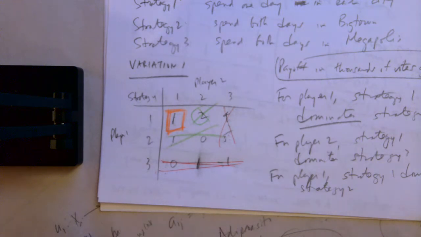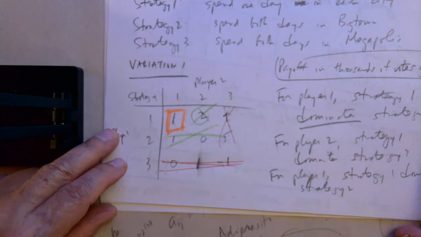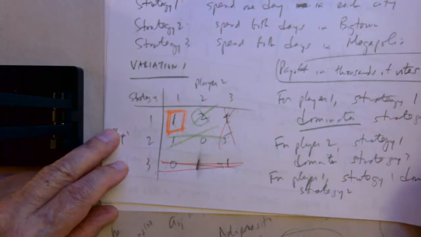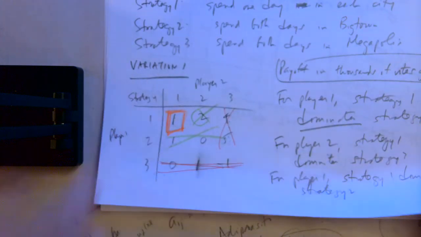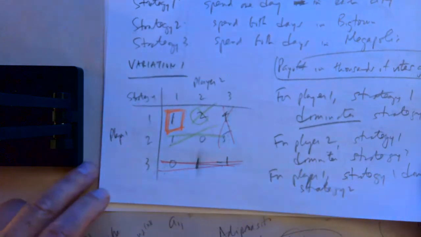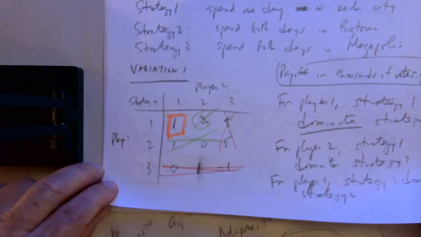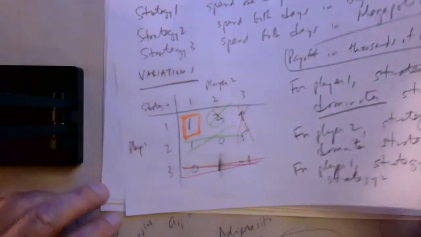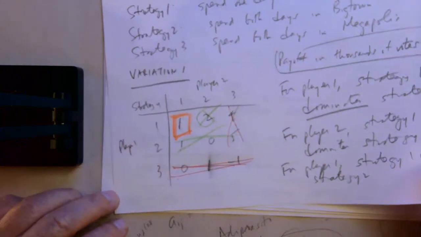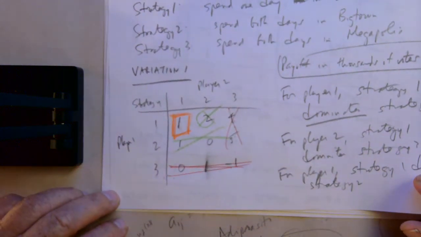Now, what made this analysis work is the fact that we had one strategy dominating another, but that doesn't always happen. In some sense, it rarely happens. So let's look at another payoff table for this situation.